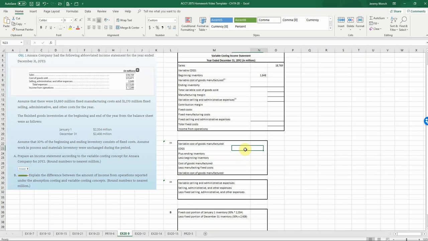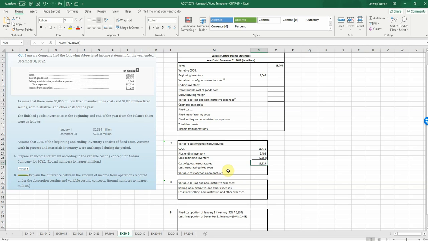We're going to start off with our cost of goods sold, 15,471. We're going to add our ending inventory of 2408, and then we're going to subtract out our beginning inventory, which is 2354 right here. And that'll get us to our cost of goods manufactured.